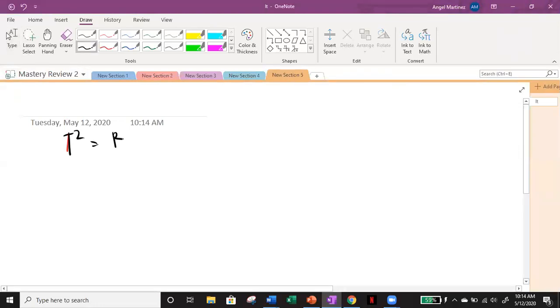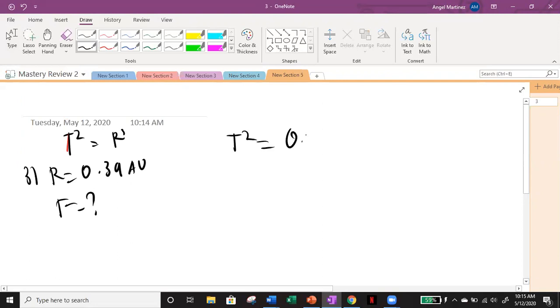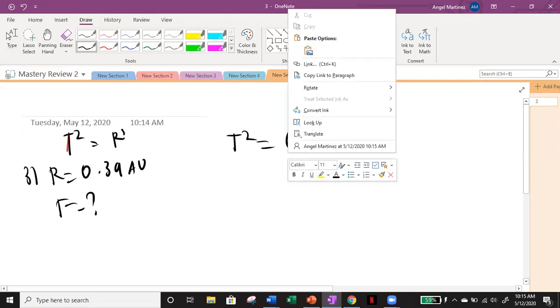T squared equals R cubed. For the first problem, R equals 0.39 AU. And we're looking for T. So this is what you do. You basically just plug into the equation. We have T squared equals 0.39 to the power 3.